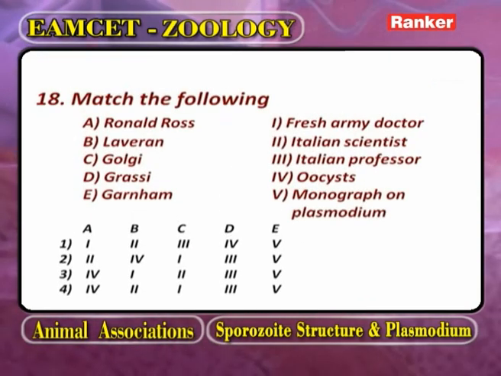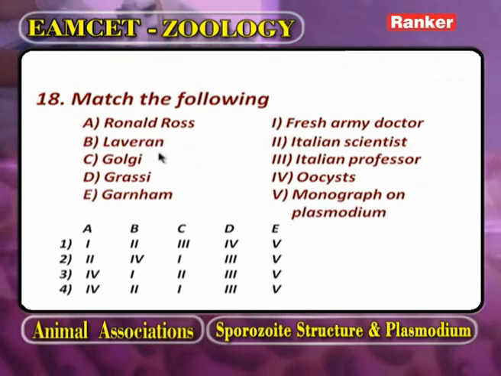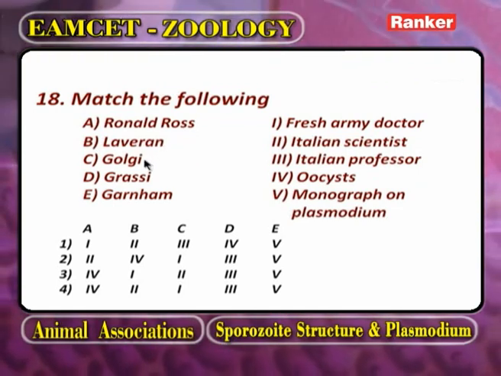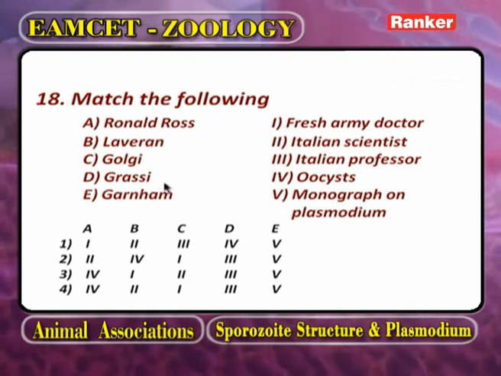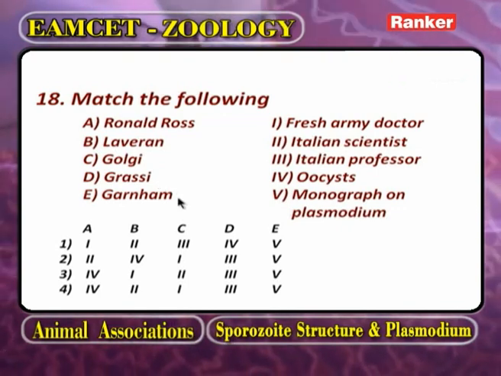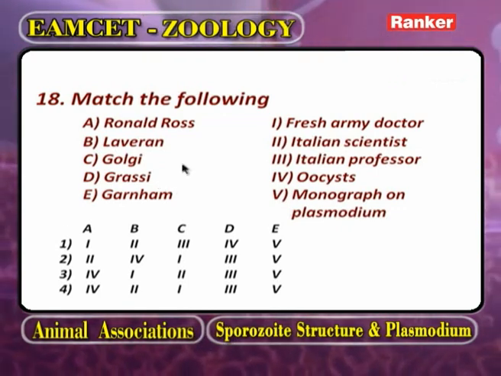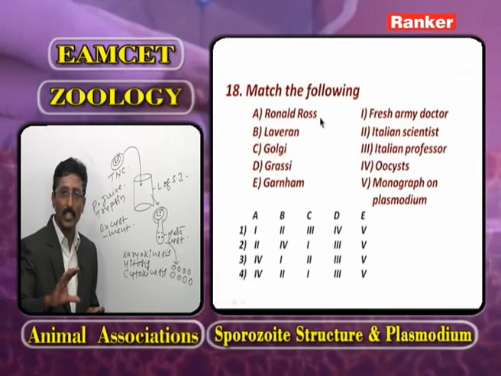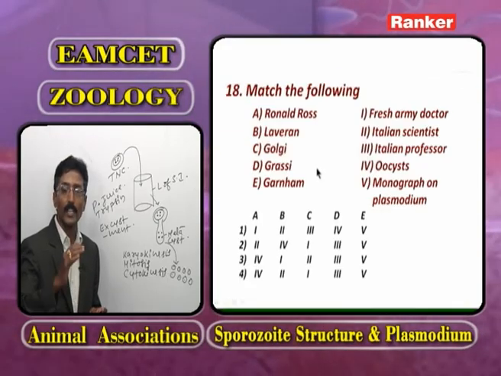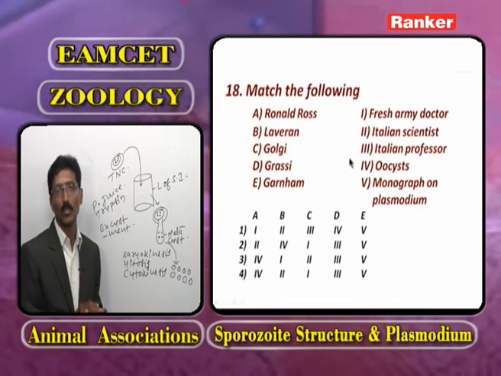Match the following. Now, Ronald Ross, second one Charles Laveran, third one Camillo Golgi, fourth one Grassi, and the fifth one Grahams. Based on this information, the student immediately gets an idea regarding what type of parasite, that is Plasmodium.